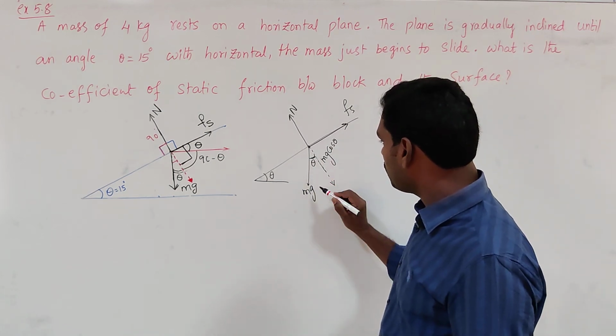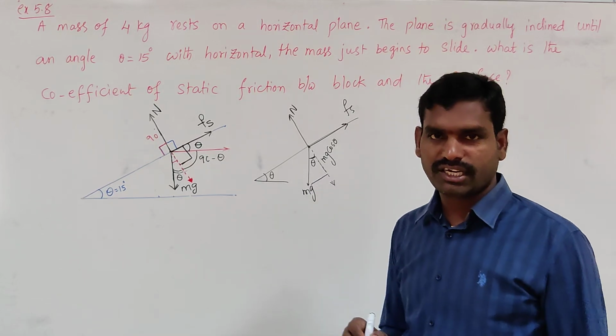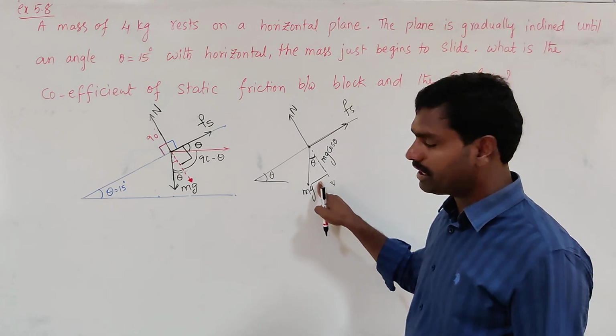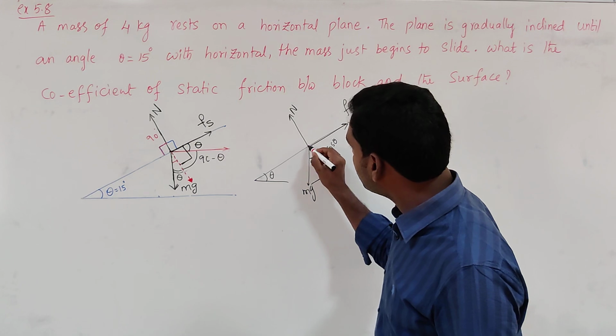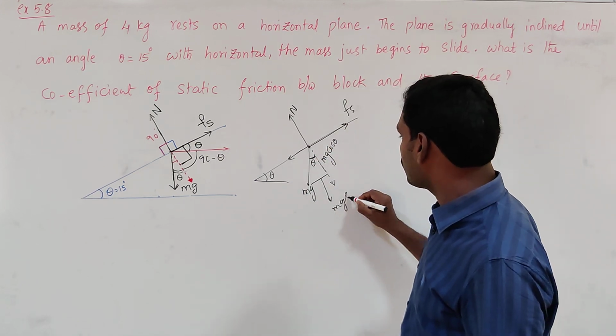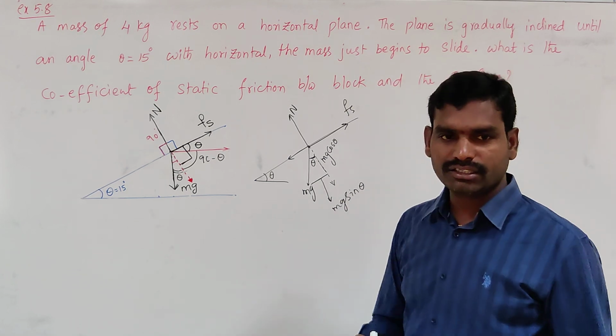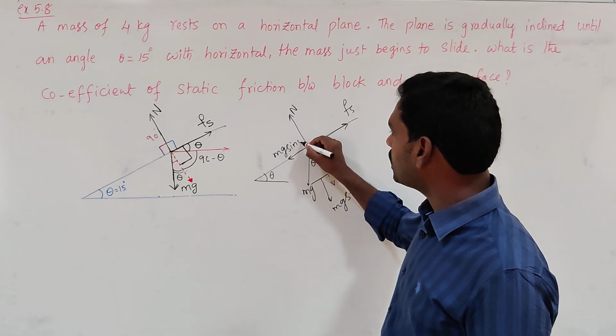And theta opposite, this is the sin theta term. The opposite side involves the sin theta term. This length is exactly equivalent to this length, so this must be mg sin theta.